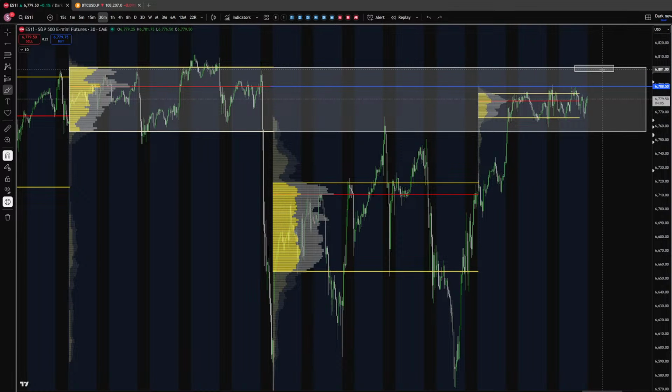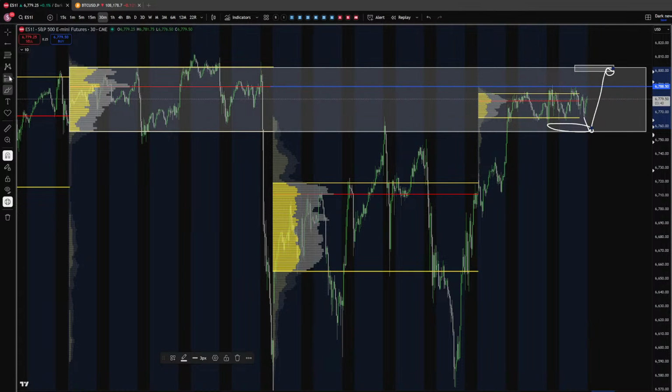Every scenario is possible as of now, but the highest probability is a move up into the value area high. That's why I was looking to clear these lows into the value area low of the previous week's profile to push up into the value area high.